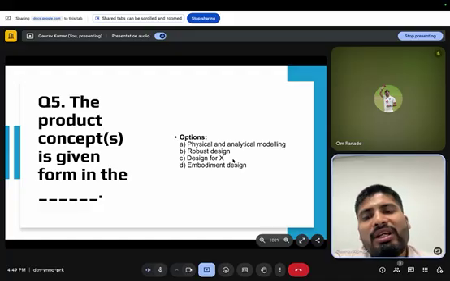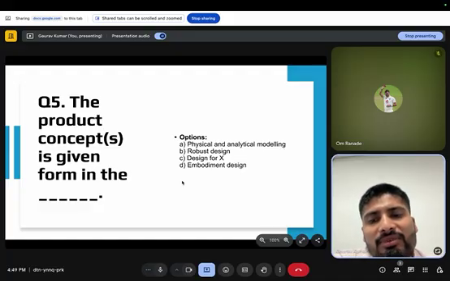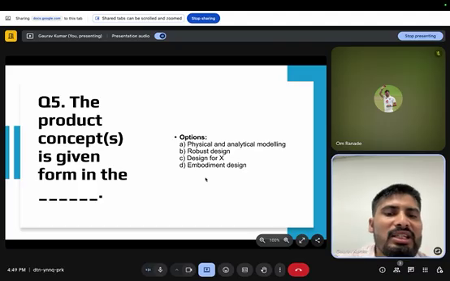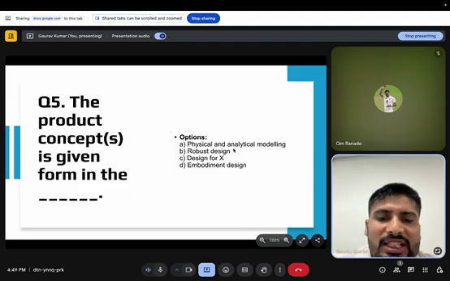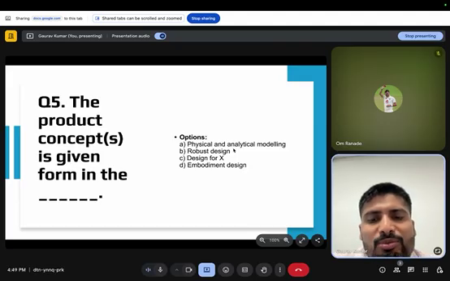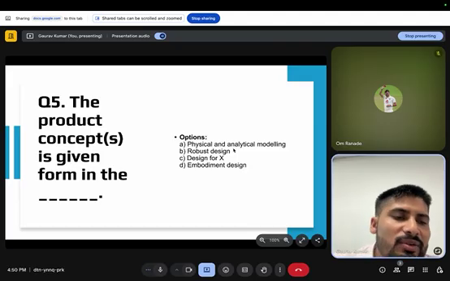Okay, so in this phase constraints related to ergonomics, safety, manufacturability and sustainability are resolved. The designers finalize the dimensions, tolerances and interfaces, ensuring that the design satisfies both technical and human-centered requirements.